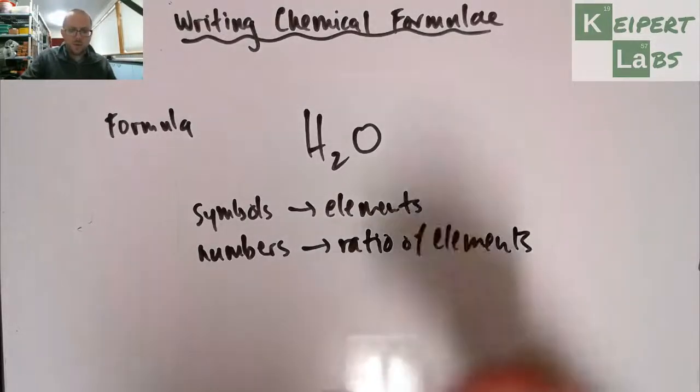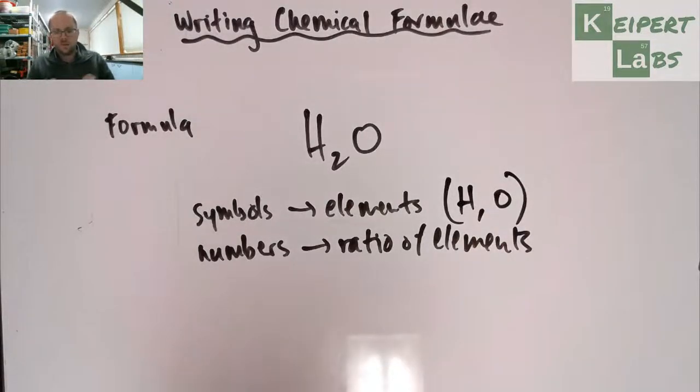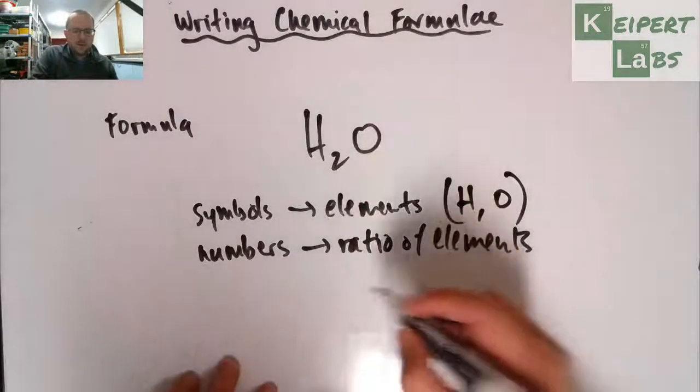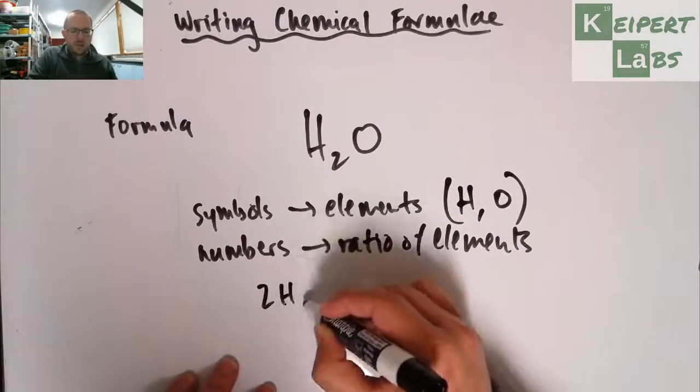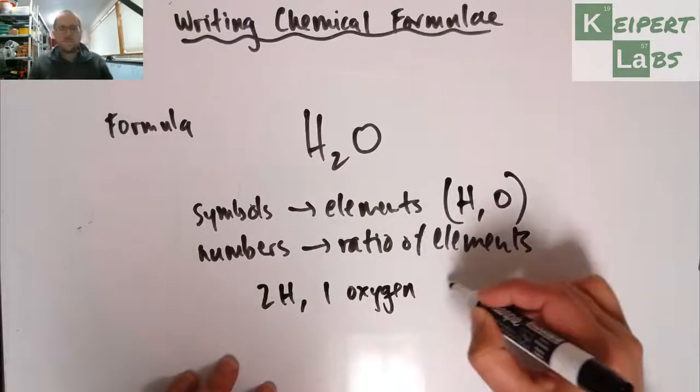So we've got H and O to tell us that we have hydrogen and oxygen, H for hydrogen, O for oxygen, and we also have a 2 that tells us we have 2 hydrogens and 1 oxygen in every 1 water.